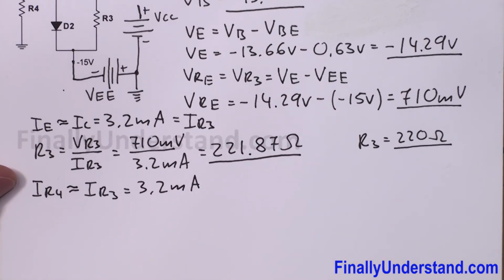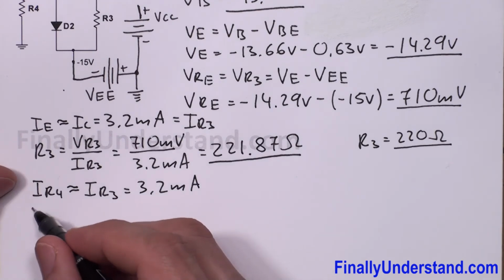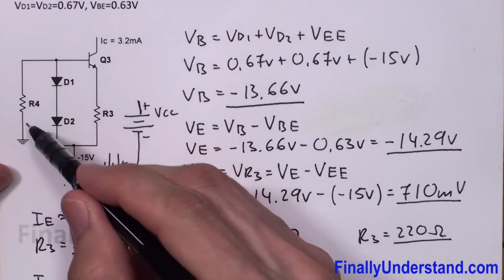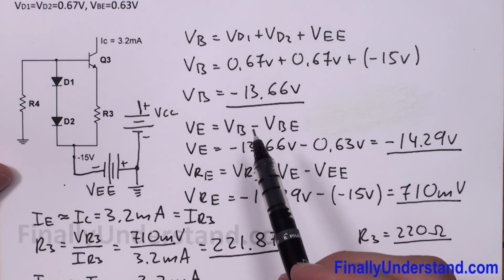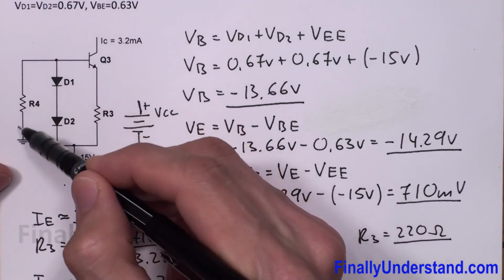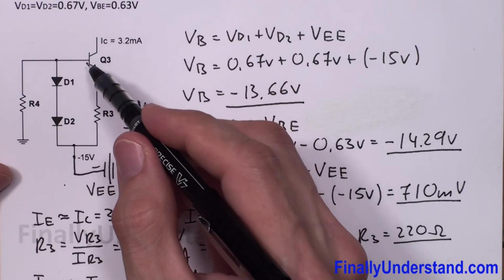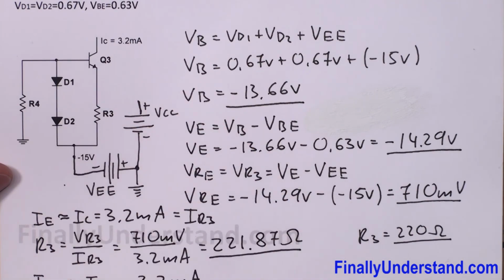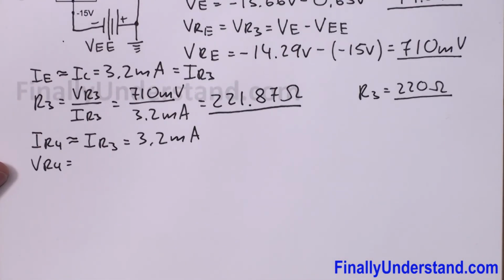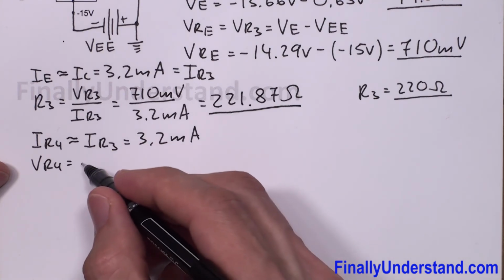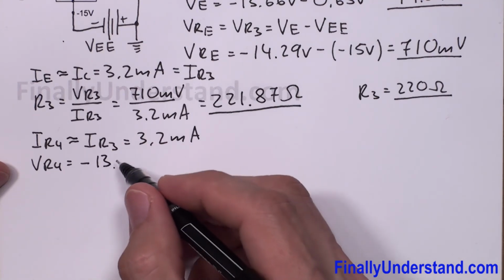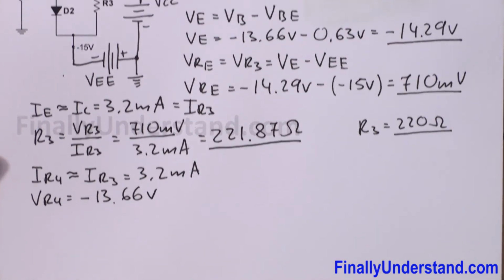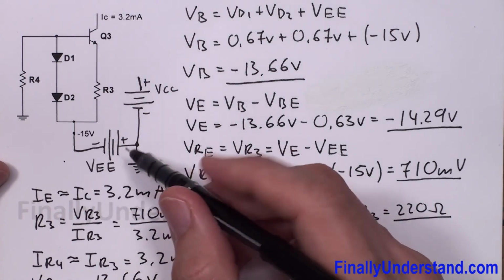Next, VR4, the voltage across resistor R4, is equal to the voltage at the base, because the base voltage is measured from the base to the ground. So I can say that my VB is equal to VR4. So VR4 is equal to negative 13.66 volts.